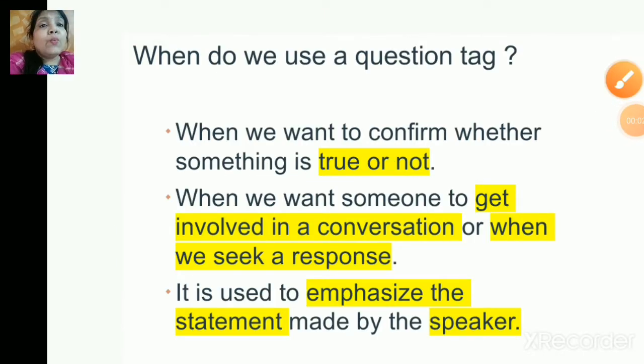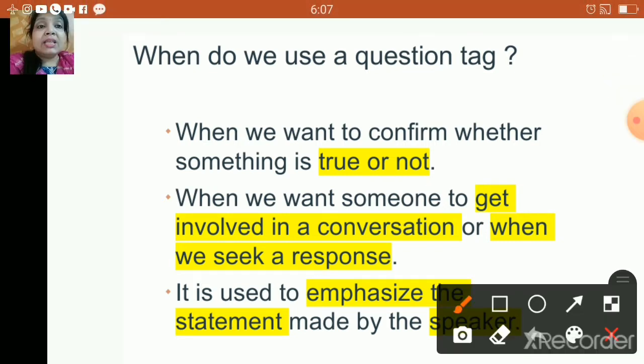So now children, when do we use a question tag? Let us check. When we want to confirm whether something is true or not. Next, when we want someone to get involved in a conversation or when we seek a response from someone.